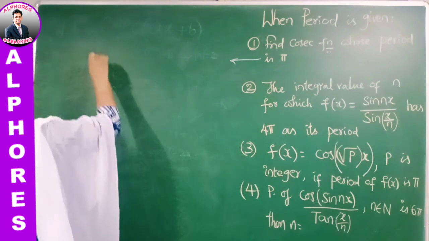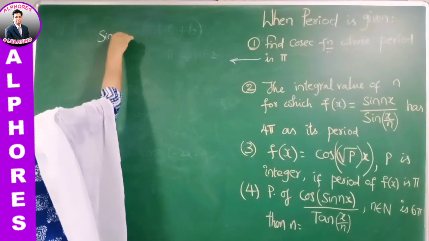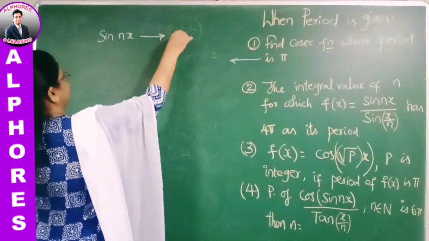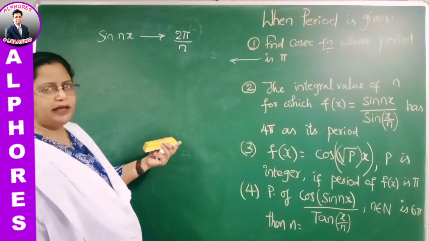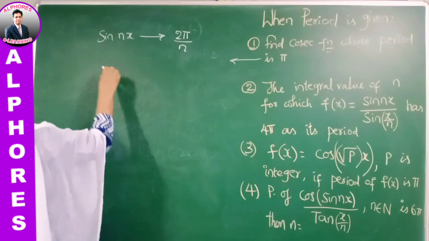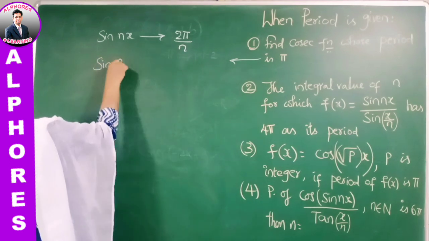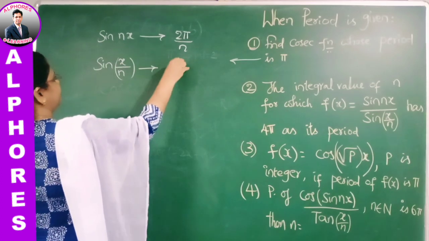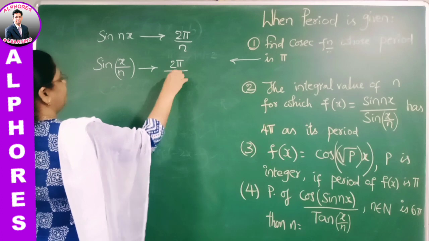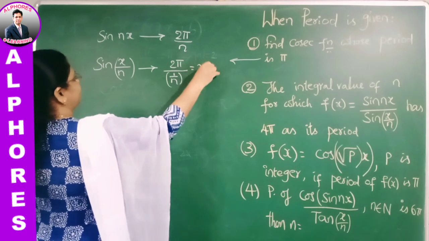So what about here? The period of numerator sin nx is 2 pi divided by n. We are taking n as a positive integer. And next the other value is sin x divided by n. The fundamental period of this you can write as 2 pi divided by 1 by n, and hence it is 2n pi.